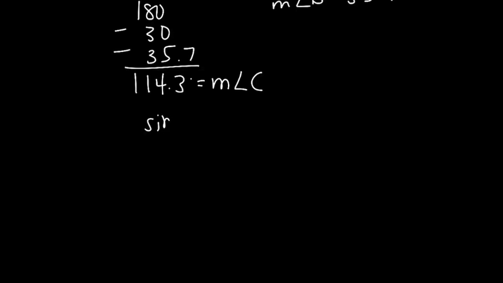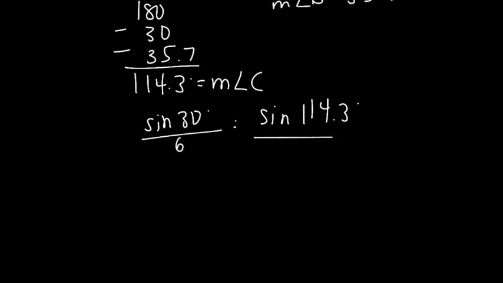So sine of 30 degrees over 6 equals sine of 114.3 degrees, which is angle C, over little c.